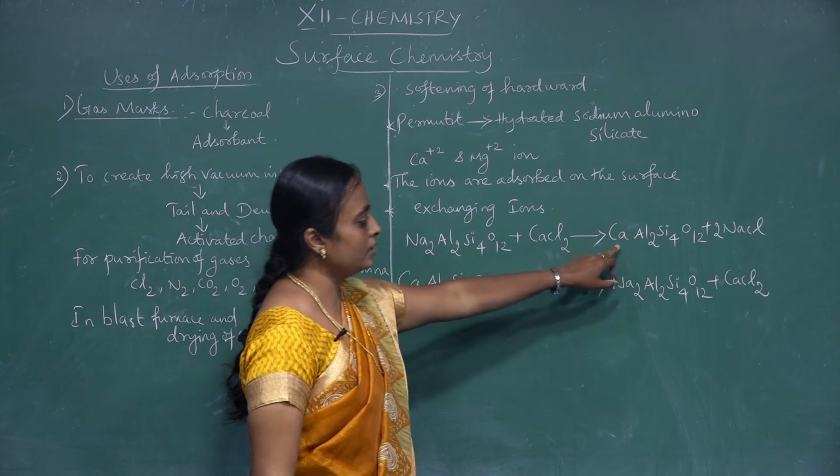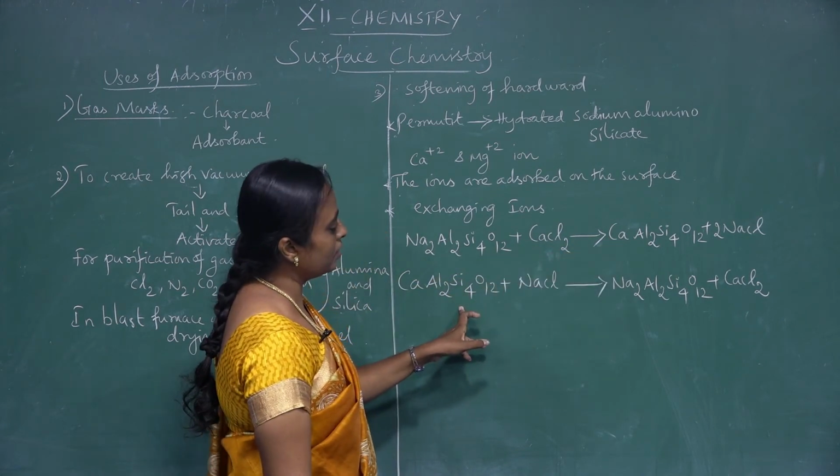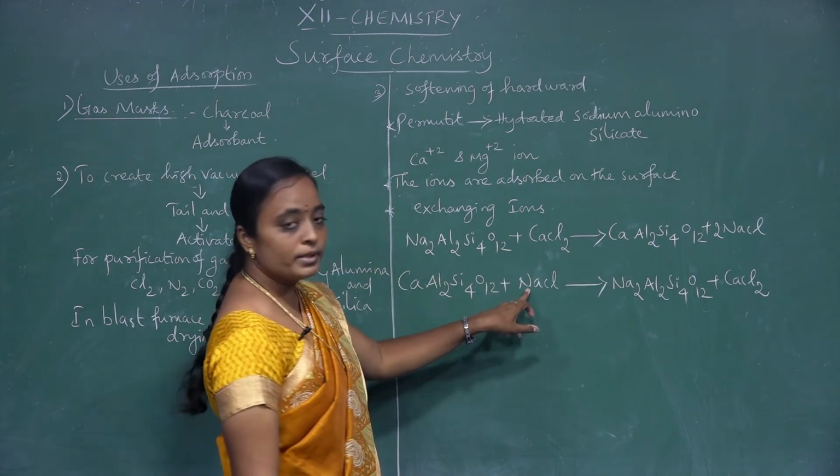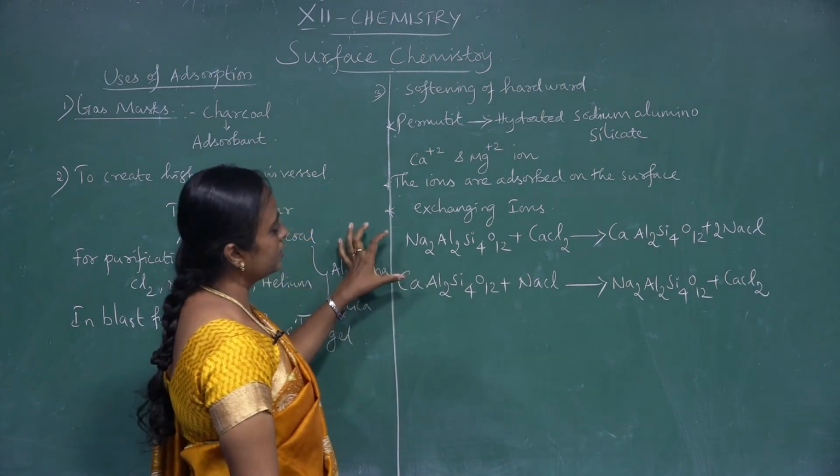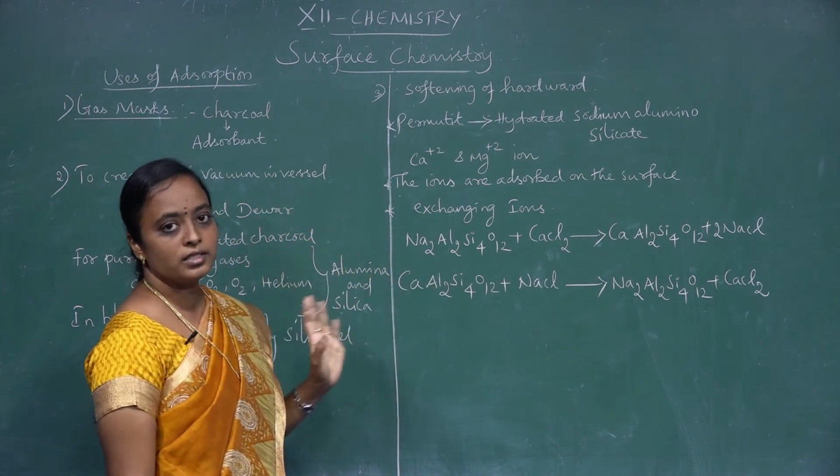So the exhausted permutit is regenerated by adding common salt, NaCl. This is called the exchanging of ions.